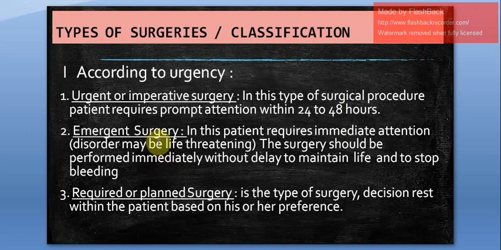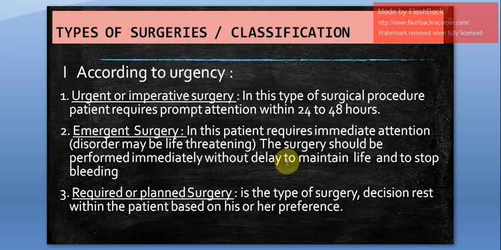Next is emergent surgery. Emergent surgery means it requires immediate attention and if surgery is not done, it may be life threatening. For example, there is excess bleeding, you have to stop the bleeding by performing surgery only, or there is already rupture or perforation, so you have to perform surgery.